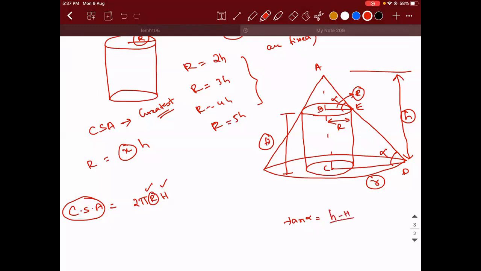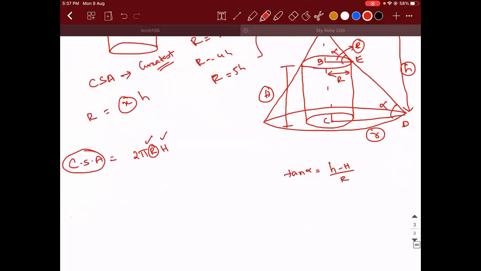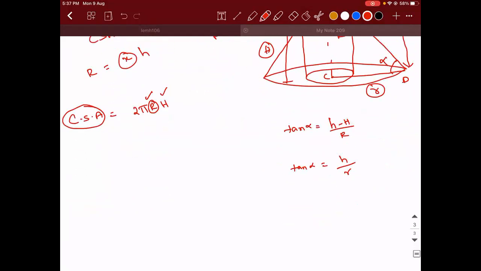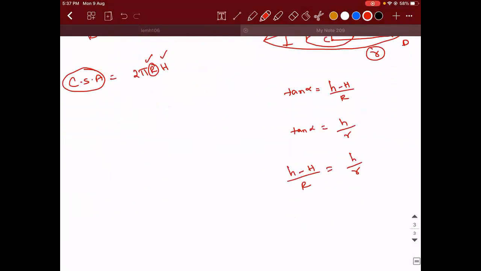So small h minus capital H divided by R. Similarly, tan alpha here is going to be small h divided by small r. So small h minus capital H divided by R is equal to small h by r. Okay. So what is capital H? Capital R into h by R minus small h.